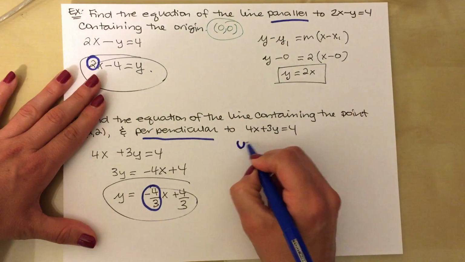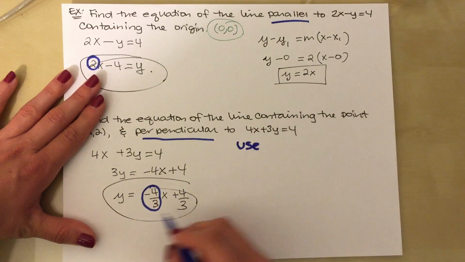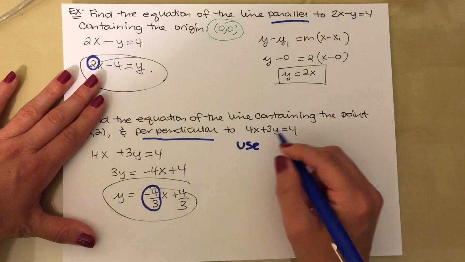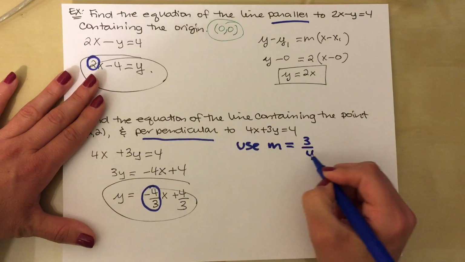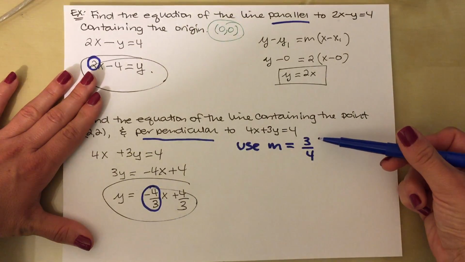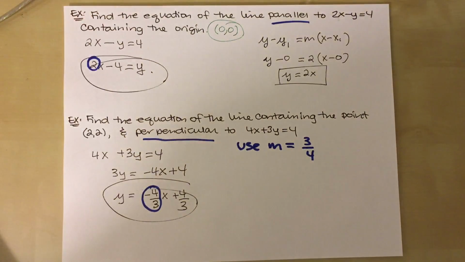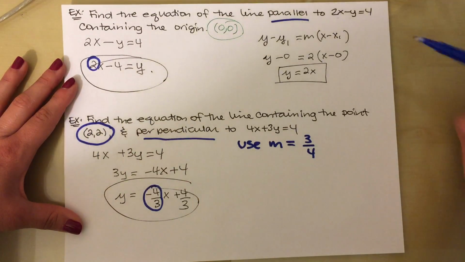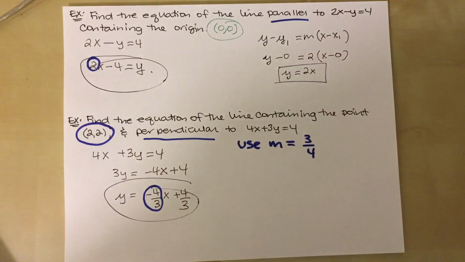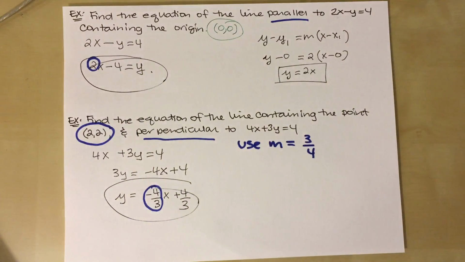So you have to use the opposite sign, positive, and then reciprocal. So we have to use a slope of 3 over 4. And then we have to use the point that's given and input this information into point slope form, and then solve for y. So let me show you.